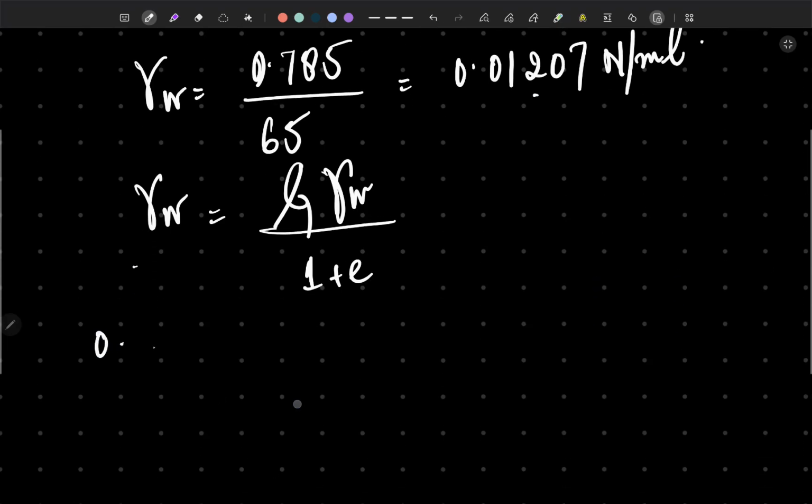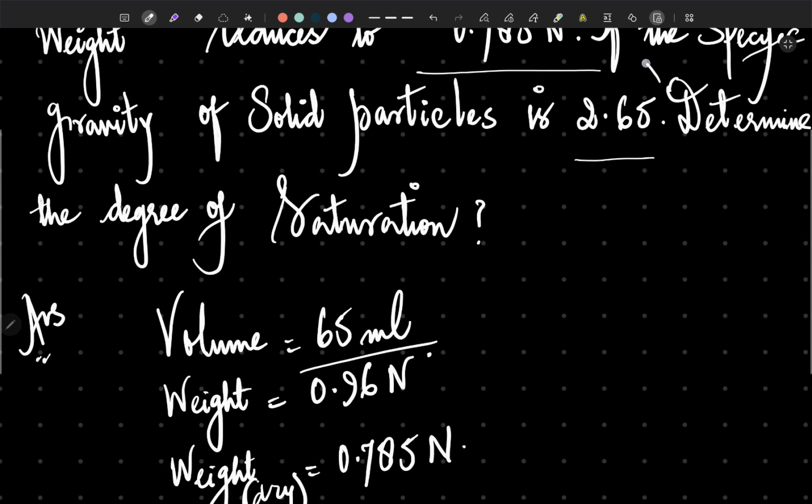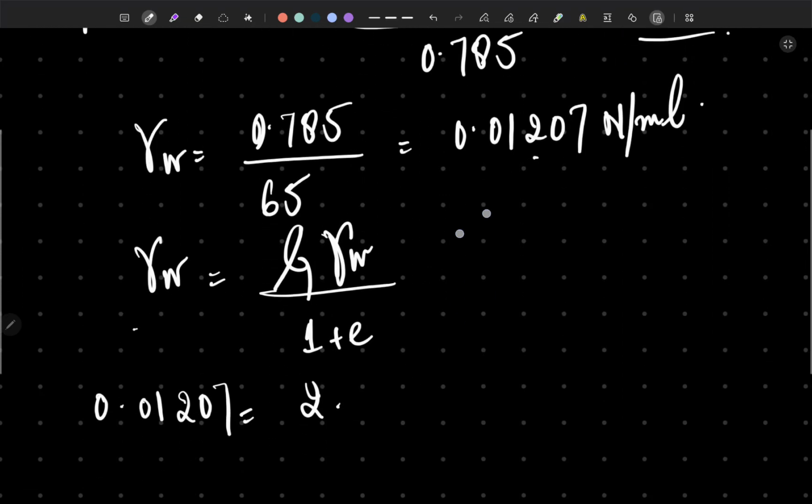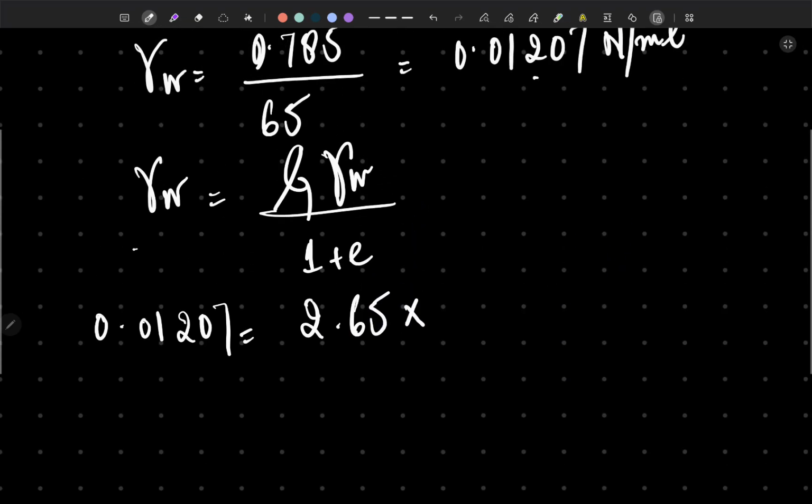I'll be substituting this value over here. It is 0.01207. Specific gravity, as it's given in the question, we have to use it as 2.65, multiplied by unit weight of water, that is 9.81 kilonewton per cubic meter.